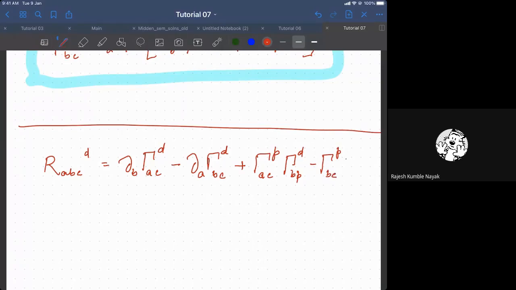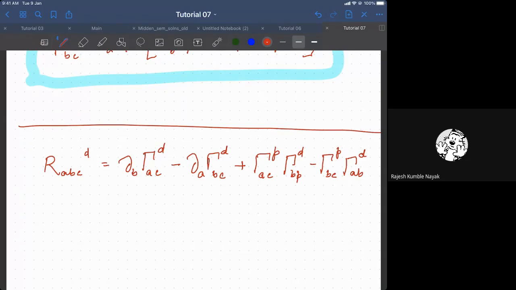These are the ones which give the nonlinearity to the Riemann curvature in terms of the metric tensor, because you get the derivative of g squared. So this is why gravity becomes nonlinear, because of this term.